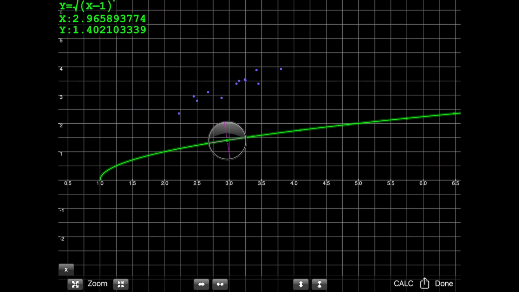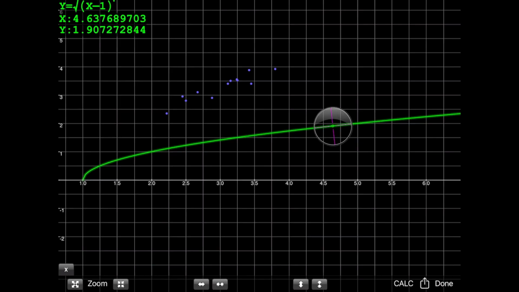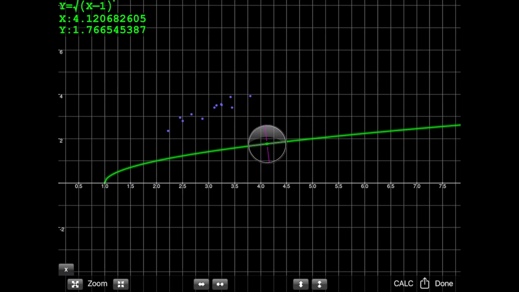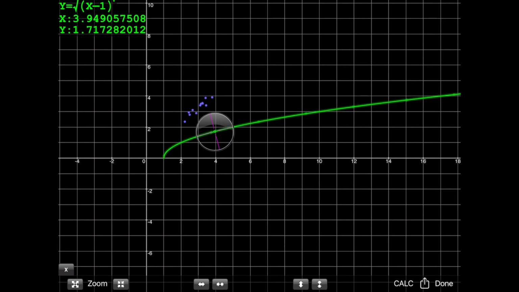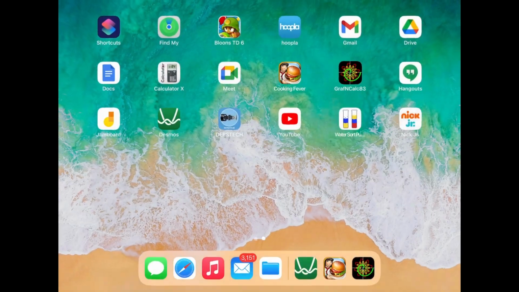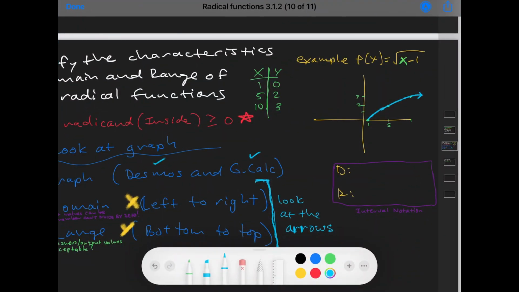And then I think we said 5, 1. That's about 5, 1. And we said 10. So if you do 10, you could do there at 1. So that is using both apps, Desmos and the graphing calculator on my iPad.